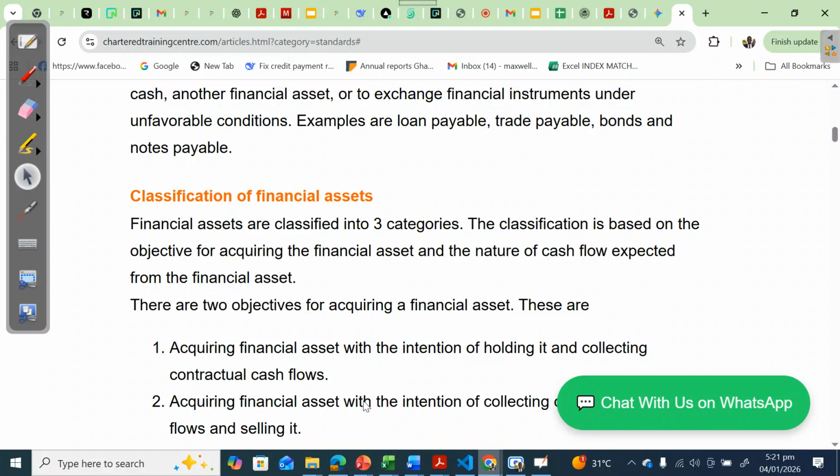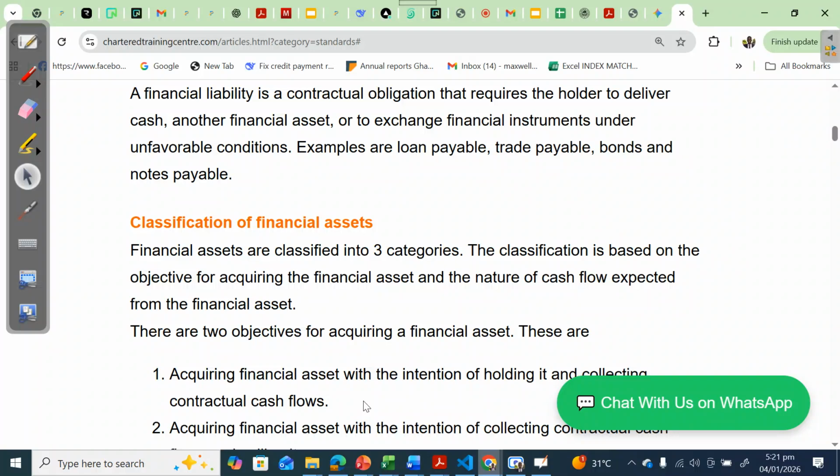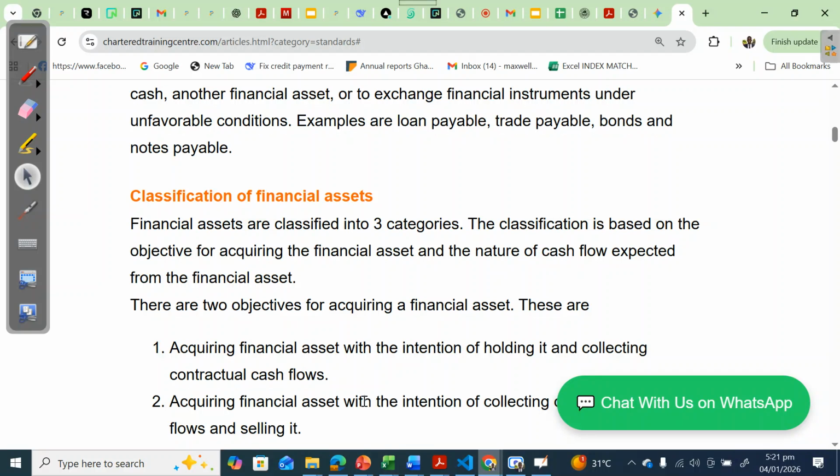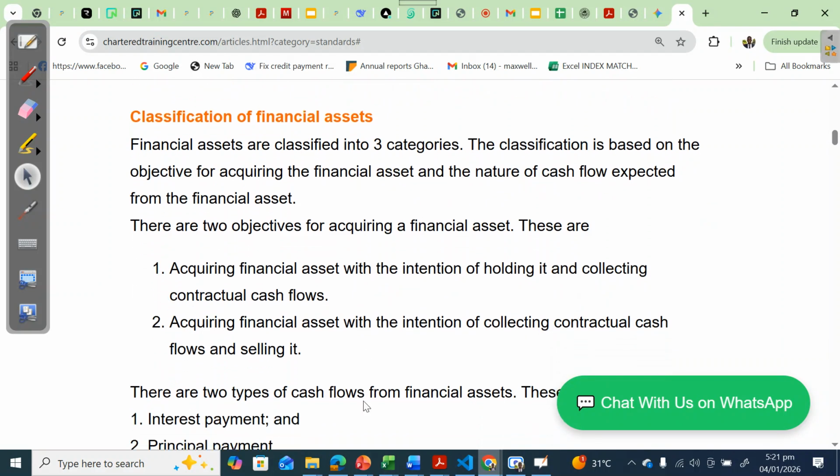Now let's look at an important aspect of financial instruments: classification of financial assets. That's a very important area. Financial assets are classified into three categories.